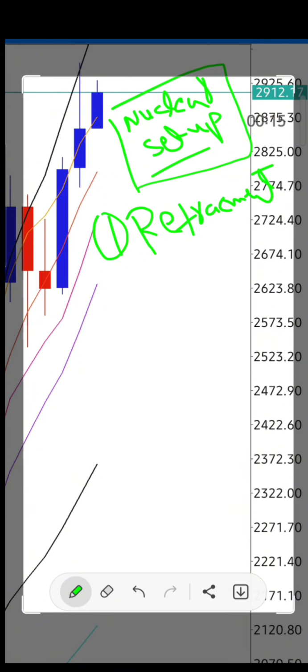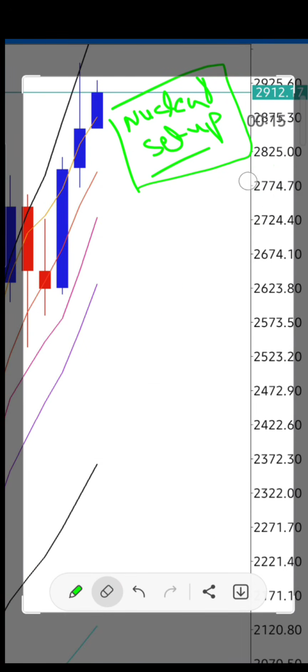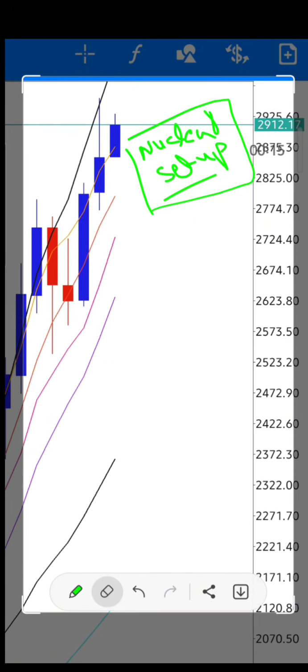If you are trading a nuclear setup, you have to keep in mind that you are trading a retracement, not trading in a pro trend. I will show you an example, and then you will clearly understand how it always occurs in a retracement, not in a pro trend.